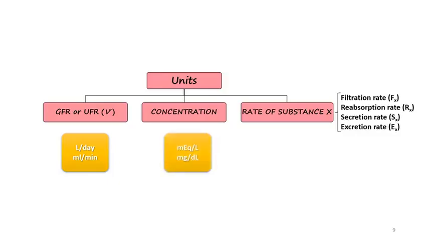Concentration is the amount per volume, such as milliequivalent per liter or milligram per deciliter. For many substances these are used, and some other units, for example millimole per liter. And for rate of filtration, reabsorption, secretion, or excretion, normally amount per time is used: milliequivalent per day or milligram per day or milliequivalent per minute, milligram per minute. You should consider these units.